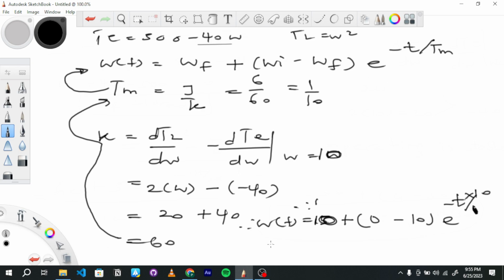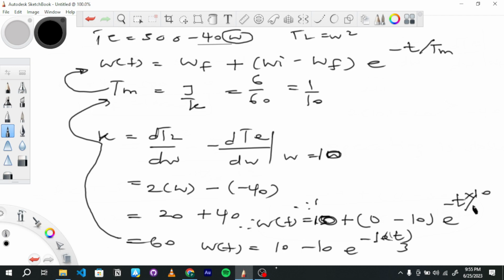Finally, I get omega at t is equal to 10 minus 10 e to the minus 10t. If we're supposed to find the torque transient, I'll just put this omega in place of the omega in the torque equation. Or if they say find the speed at 3 seconds, I'll make t equal to 3 seconds, so the exponent will be negative 10 times 3, negative 30, and I'll put it into the calculator to get the speed.